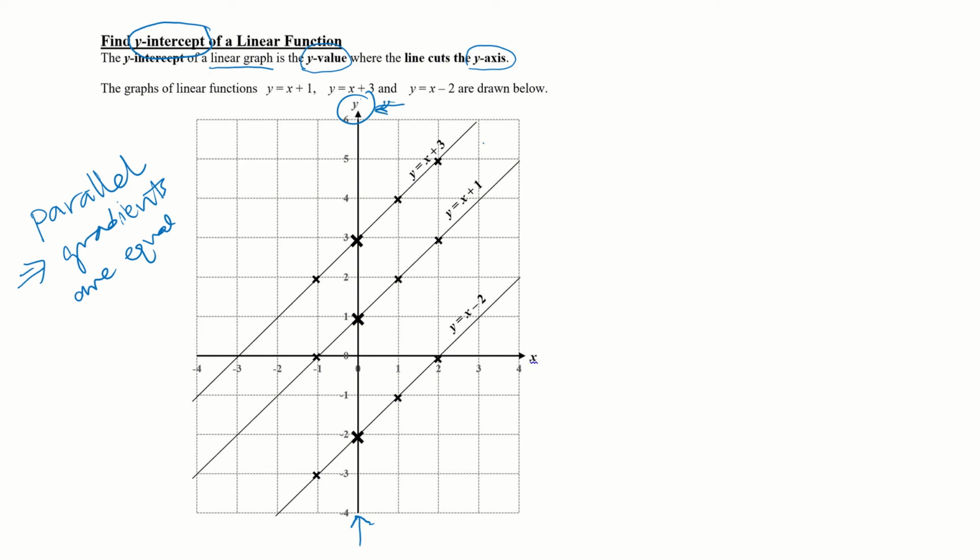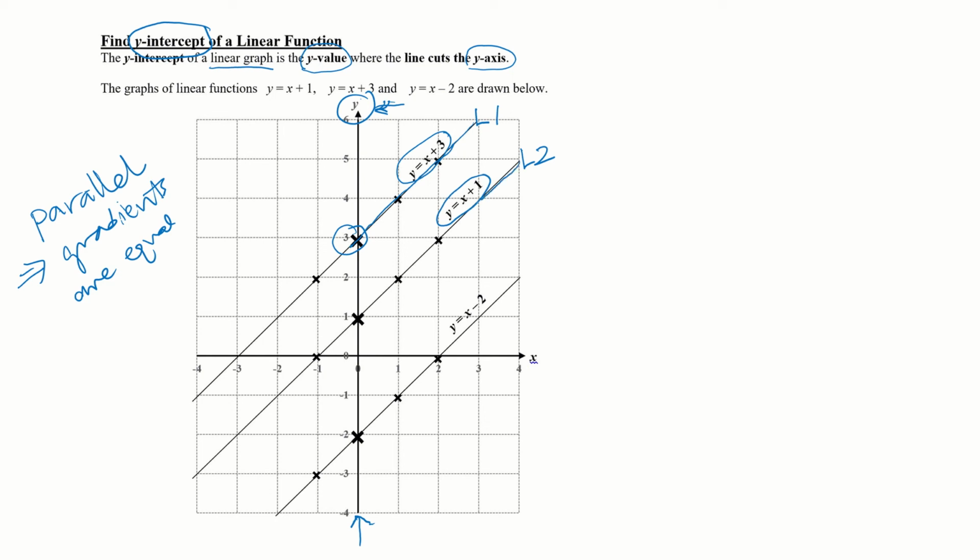Now let's look at the first line. Let's call this L1, line 1. Line 1 has the equation y equals x plus 3. That's the name of this particular line. Where does it cut the y-axis? I follow the line, and it cuts the y-axis at number 3. Now L2: the equation is y equals x plus 1.